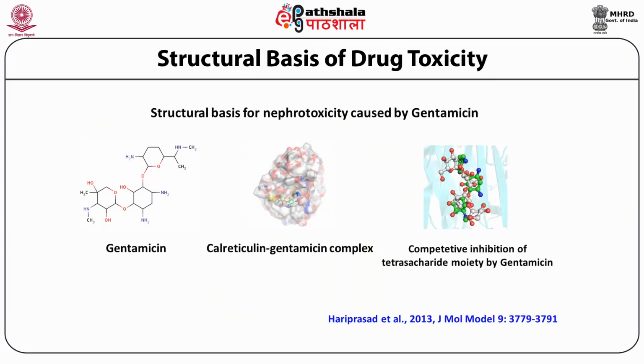Understanding drug toxicity also is an important application of protein structure prediction. Gentamicin, a 3-carbohydrate ring moiety, binds to secondary targets such as calreticulin, thereby competitively inhibiting the binding of unfolded proteins to this particular chaperone protein, thereby causing an accumulation of unfolded proteins and resulting in nephrotoxicity.